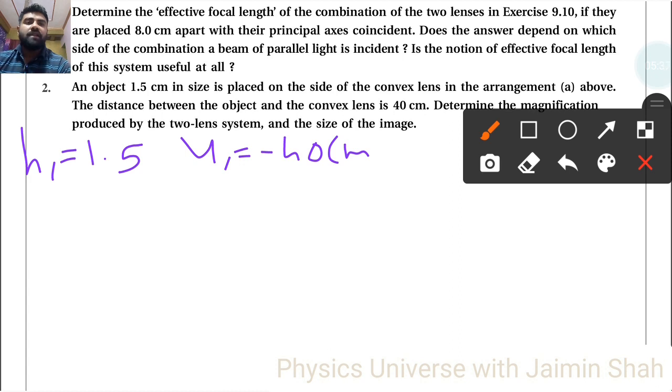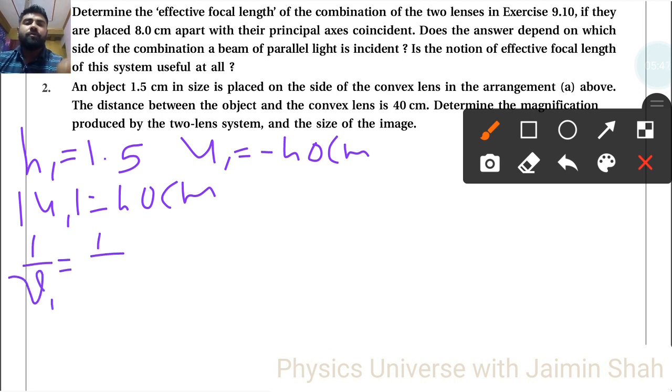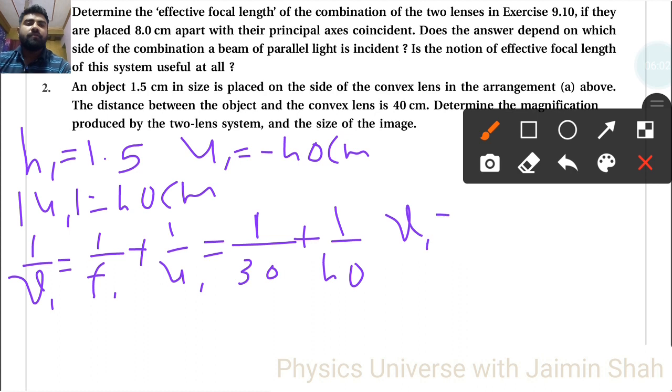We need to find v1, so 1 upon v1 is equal to 1 upon f1 plus 1 upon u1, with f1 equal to 30, so 1 upon 30 plus 1 upon 40. By cross multiplication, 40 into 30 upon 70, that is 17.14 centimeter.